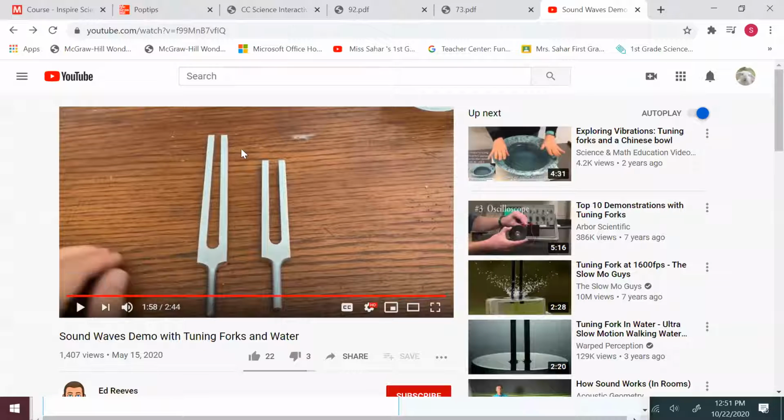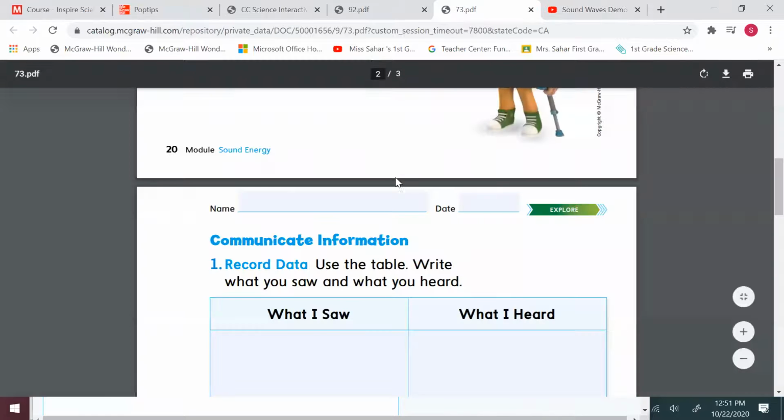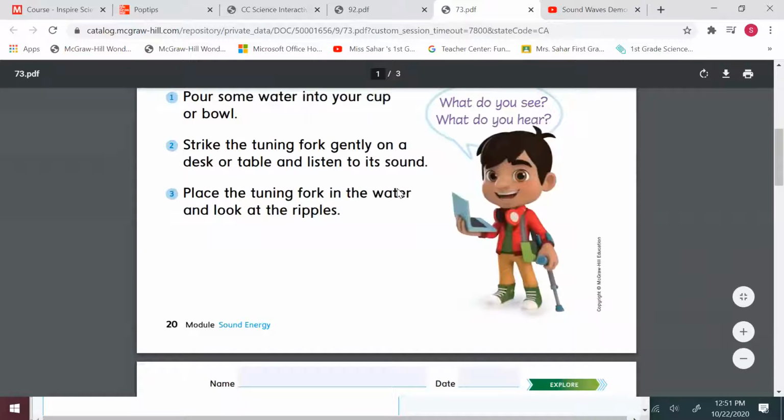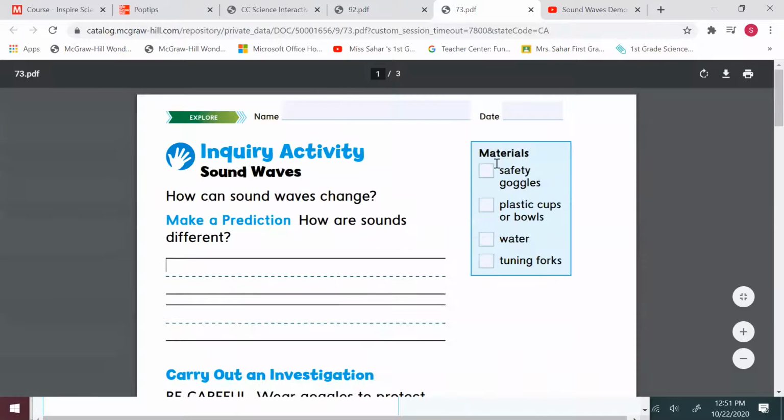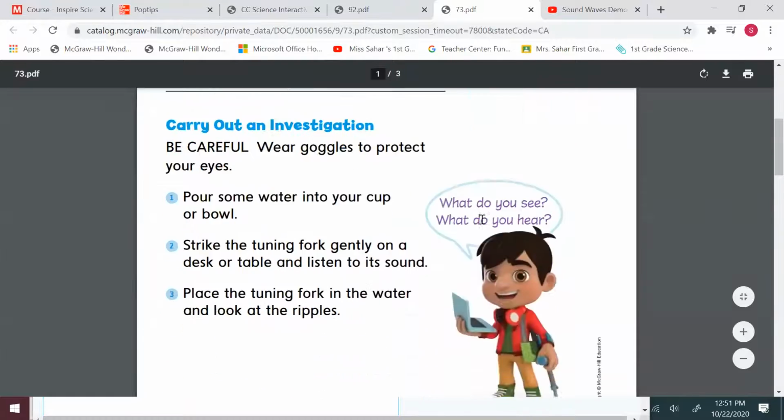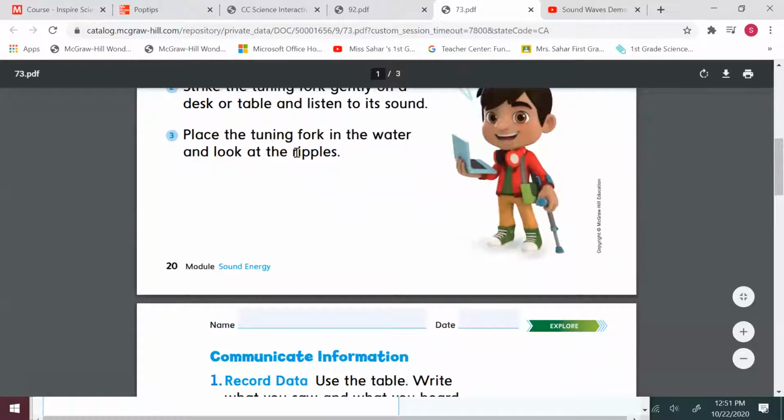So let's go back to our pages and try to, this is what you need to do, the experiment that we just watched on a video, because I know it's not always, tuning fork is not always available, but it's really easy.